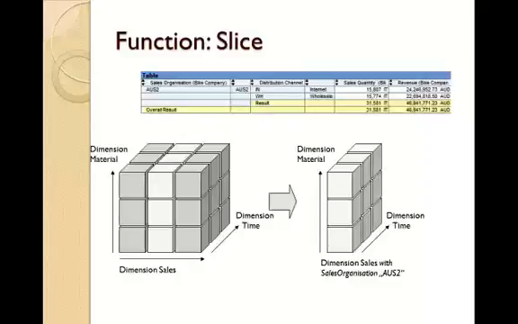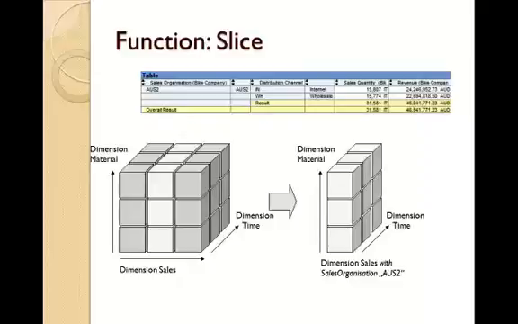So time and material do not change. We're simply slicing the middle of the cube and taking it out. It's kind of like a cake that we can cut into different pieces. So we are just cutting the middle and taking that one out as a slice.